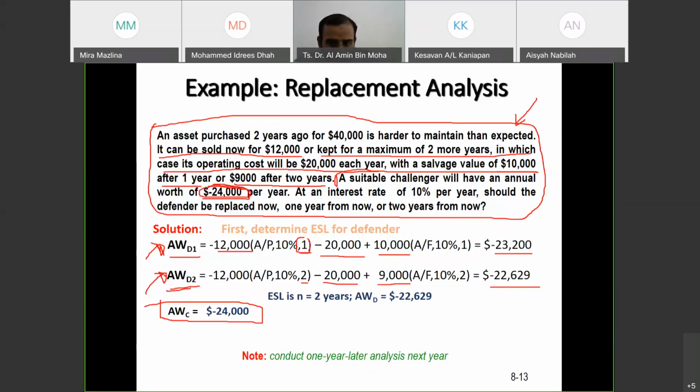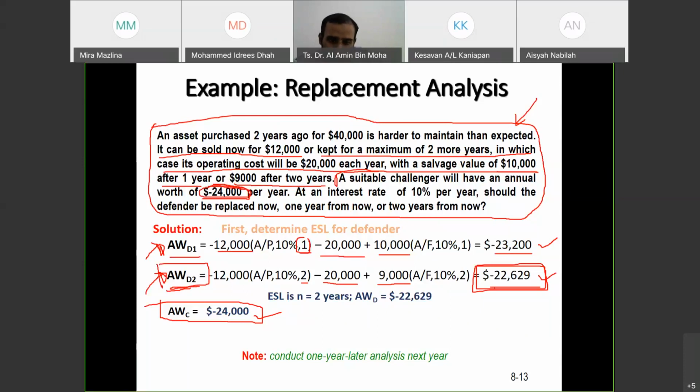So based on AW, 23,200, 22,629, and 24,000, basically here is still lower. So they choose this option. So they can keep this for 2 years.